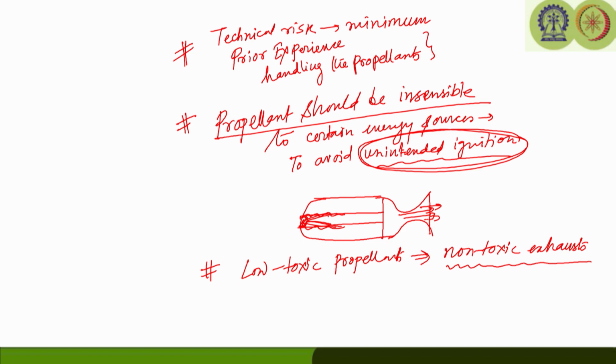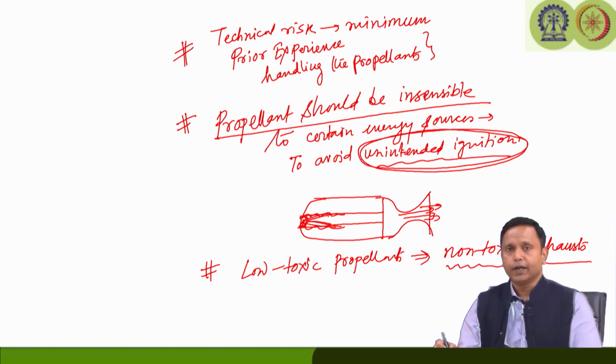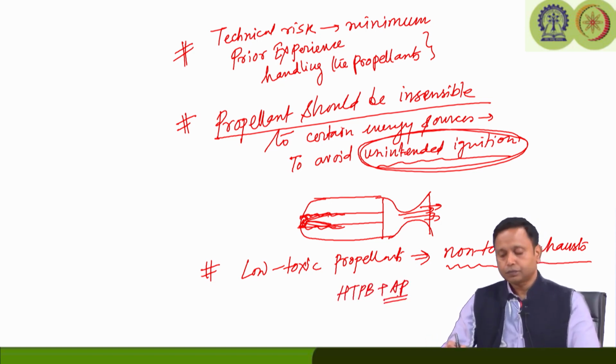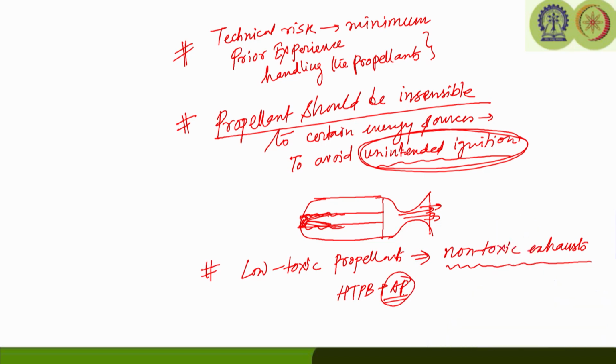But you see, the very common ingredients for a solid propellant rocket are HTPB plus AP, which is kind of a workhorse oxidizer for most of the composite propellants. Almost all the satellite launch vehicles are using this combination. If you look at ammonium perchlorate, it is a chlorine containing substance.